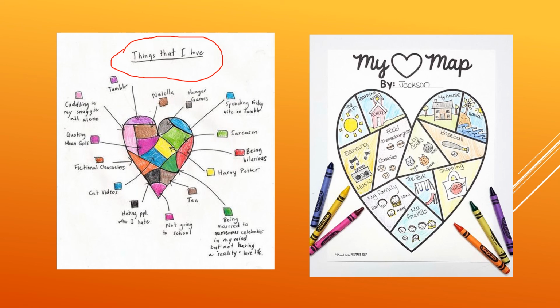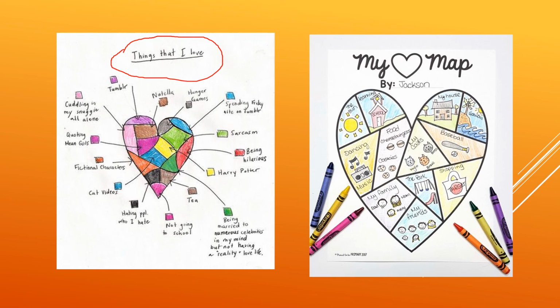In the shape of a heart. Okay, here is one of the children's work. When the teacher asked him to write down the things that he loved, he wrote Tumblr, Nutella, Hunger Games, spending Friday night on Tumblr.